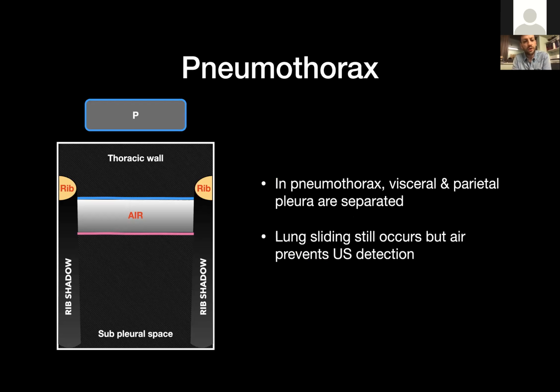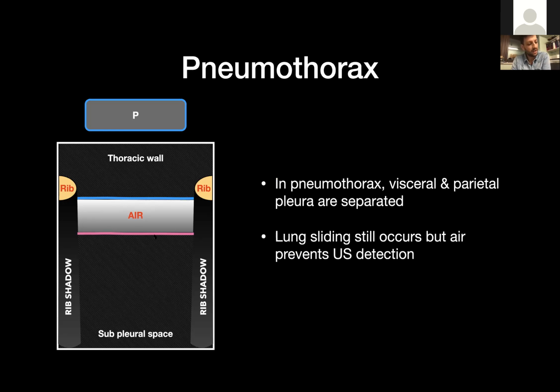Thinking about why we don't see lung sliding in pneumothorax, that's essentially because there's a space of air between the parietal and visceral pleura. And ordinarily when those two pleural surfaces are together and the lungs are inflating, we see that movement between the two.